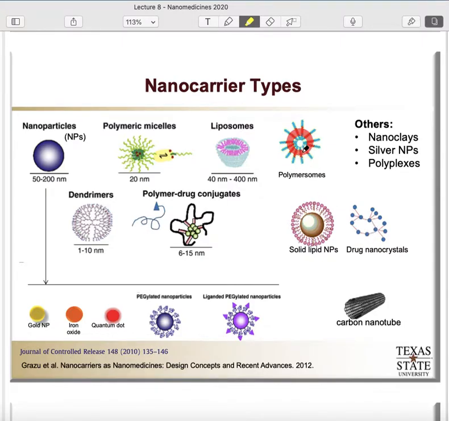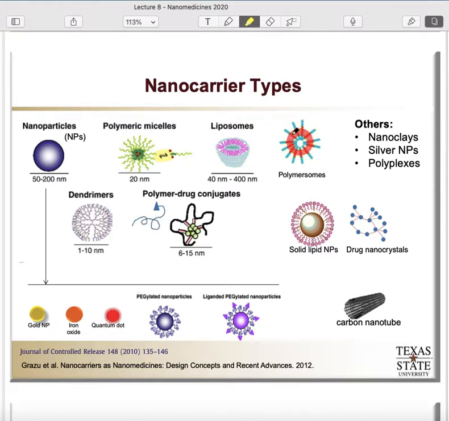Then polymersomes are very similar to micelles or liposomes, but they are made from polymers that self-assemble into a bilayer as shown here. For example, this could be made by utilizing a triblock copolymer, meaning you have a polymer with three different blocks: hydrophilic in blue, hydrophobic in red, and then another hydrophilic block. It self-assembles into a form very similar to the liposome, where you end up with a core that is hydrophilic, enabling you to load a hydrophilic drug.